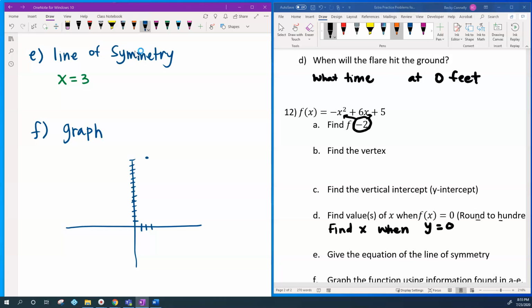It's about right there. And I know it's symmetric, so I could think about where that would be on the other side. I know that my line of symmetry is going through that vertex. And so if I can see how I have 3 places on this side, then I know I have to go over 3 places on this side, and I could put another point there.